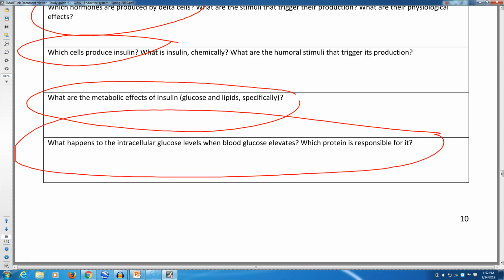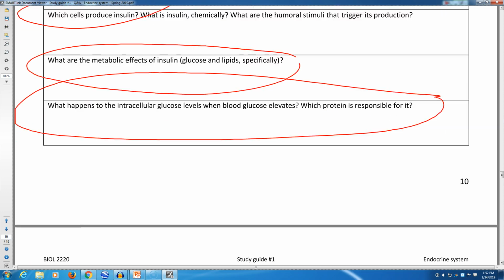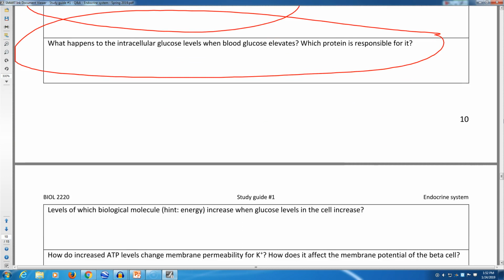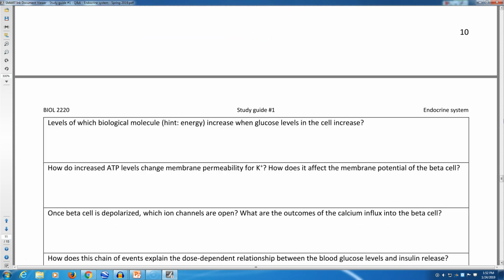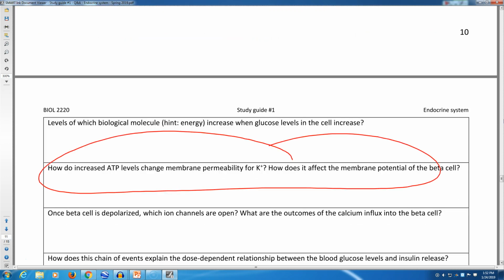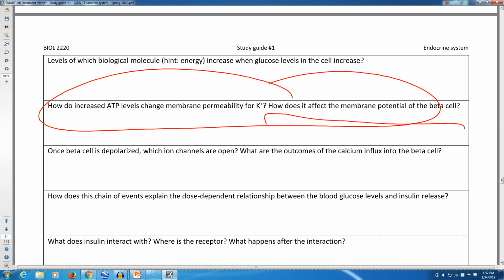This is the scheme of how glucose stimulates insulin release. Okay, remember, glucose goes in the cell, leads to increased levels of ATP. ATP closes potassium channels. Potassium stays in the cell. Beta cell is depolarized.